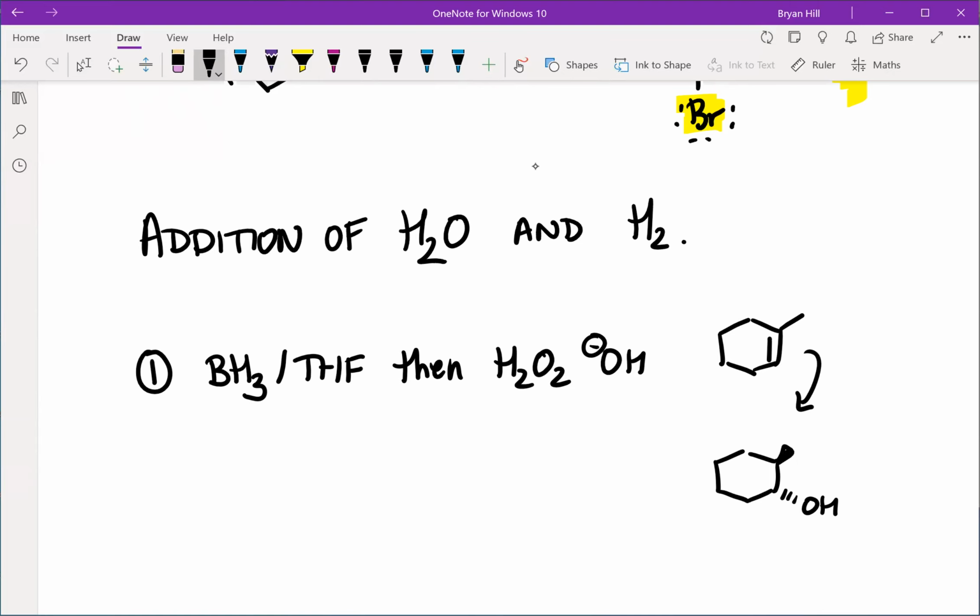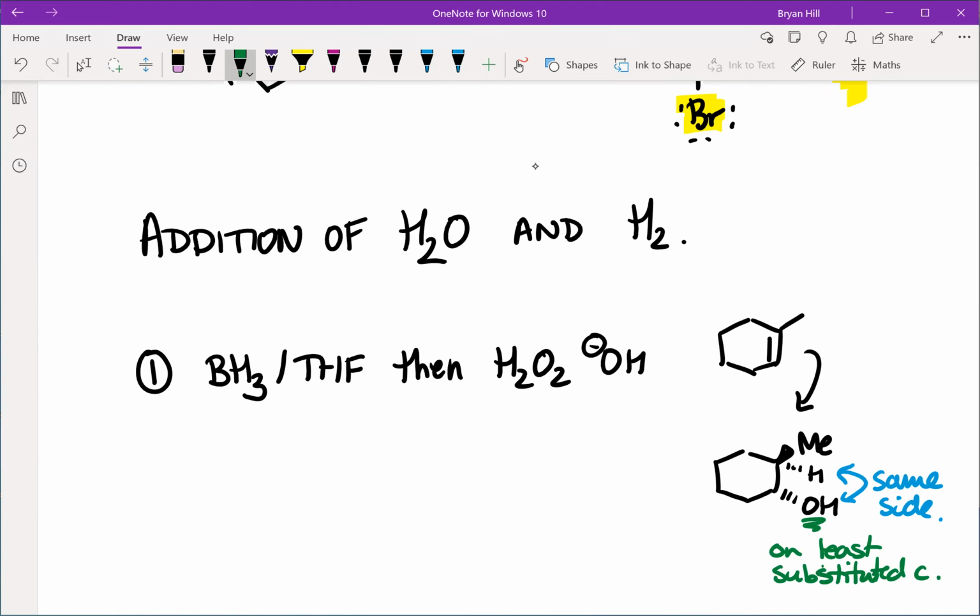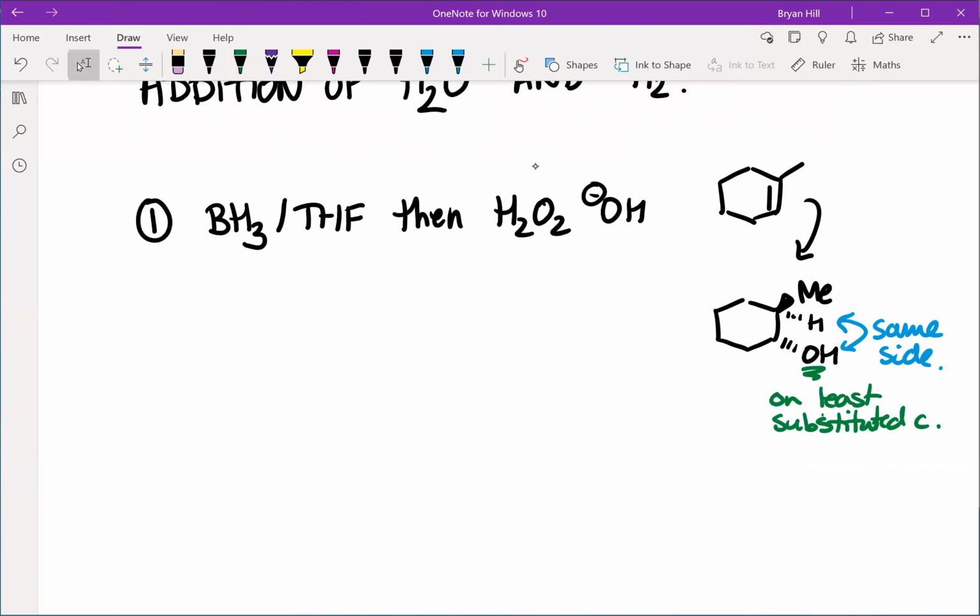It would be on the least substituted carbon. And the other key important thing is that these two groups would be on the same side. And then the OH on the least substituted carbon. So anti-Markovnikov.